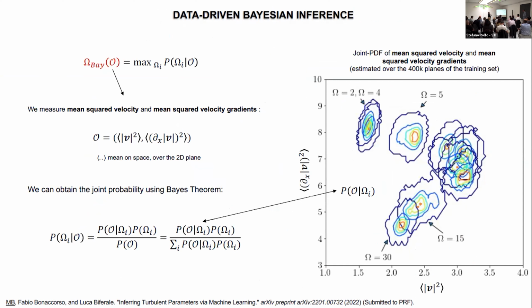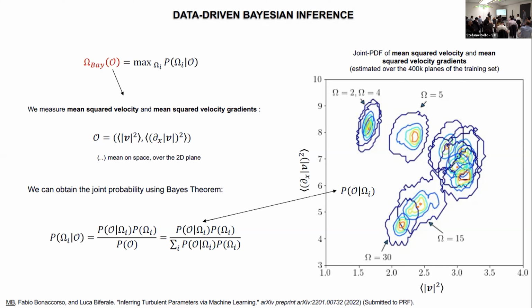Why only these two? Because we don't have the three velocity components. We are assuming to do this inversion only having the velocity module, so we cannot measure vorticity or other quantities. Otherwise, we could have chosen other observables. We just wanted to see how a simple Bayesian inference could work, given observables that are representative of different scales of the system, which are generally the most relevant.